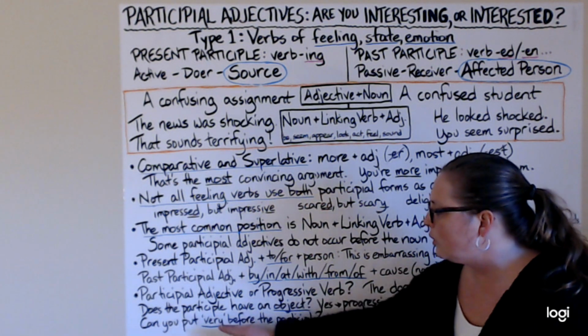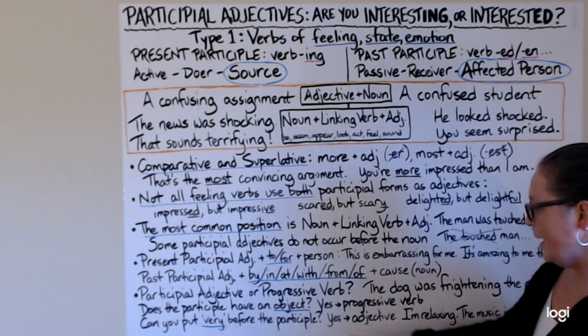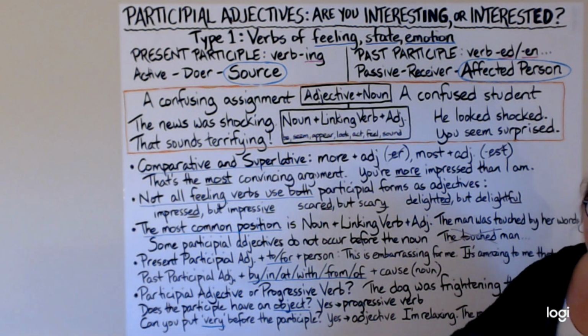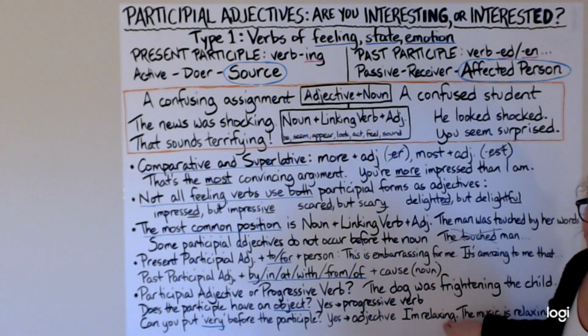Can you put the word very before the participle? If you can, then it's an adjective because you can only put very before adjectives. So let's look at this. I'm relaxing. Can you say I'm very relaxing? No, that doesn't work in English. If you have an ear for that, you know that doesn't sound good.